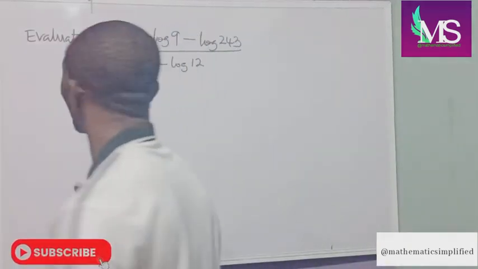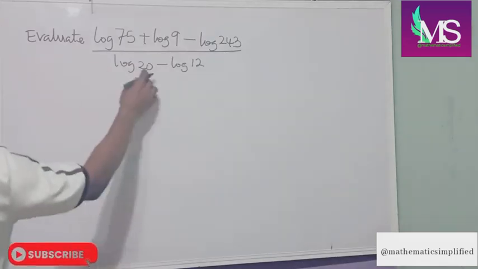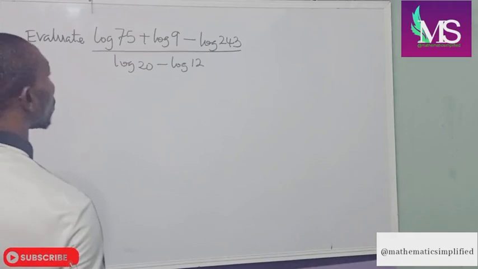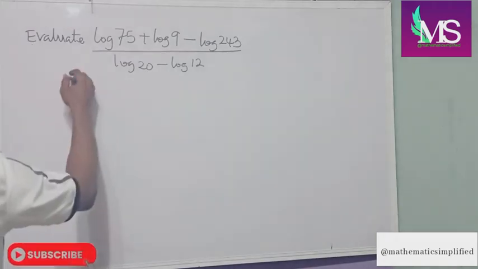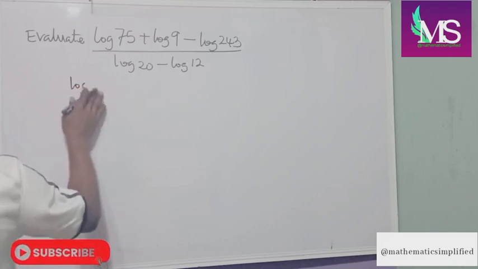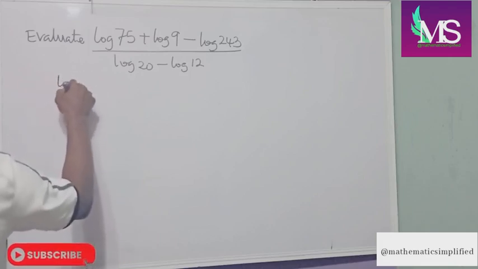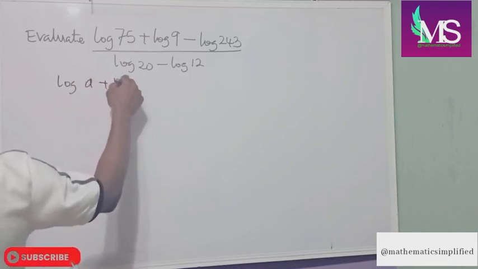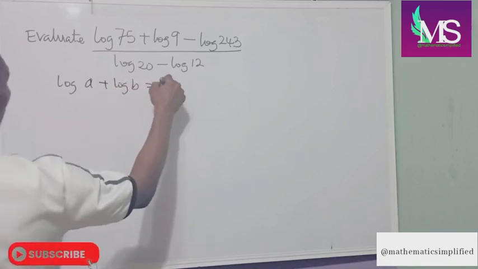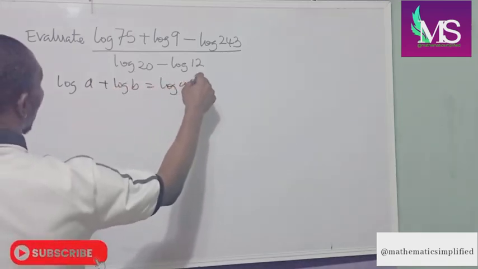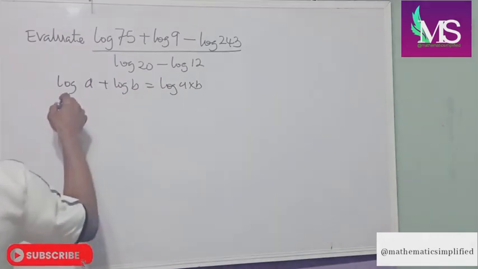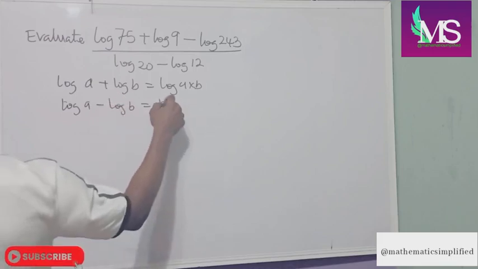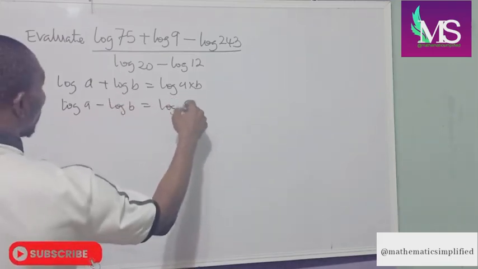Now, in evaluating this, we are going to apply our multiplication and division laws of log, which simply means that if we have log a plus log b, it is going to be log a times b, and log a minus log b will give us log a over b.